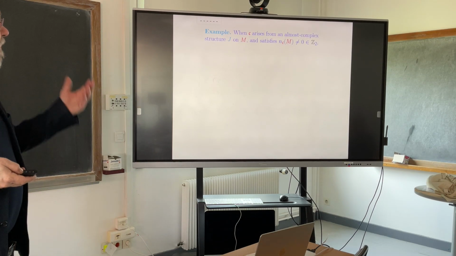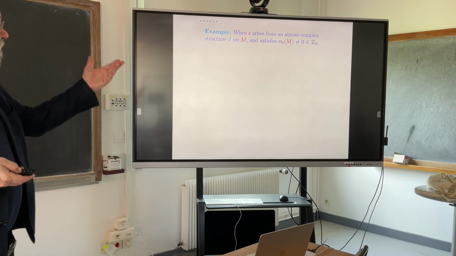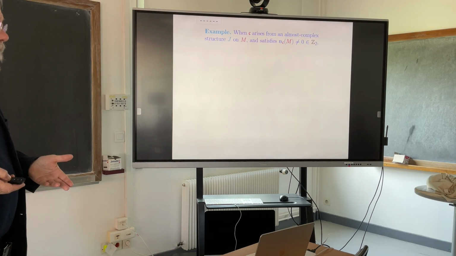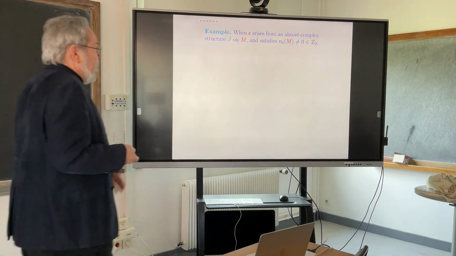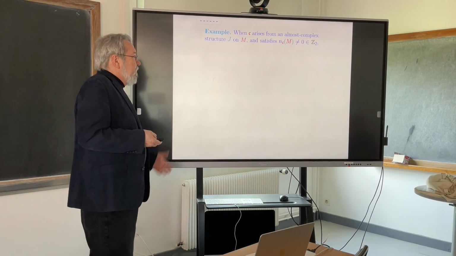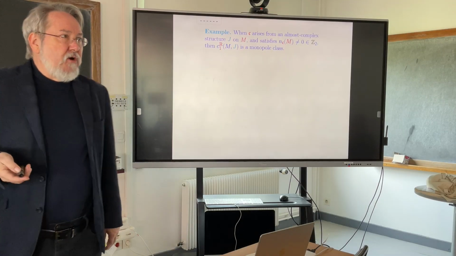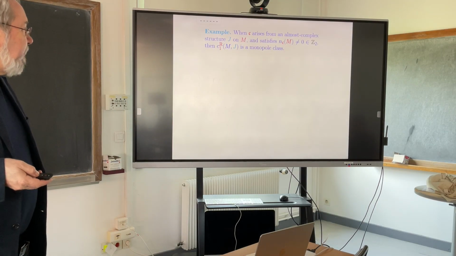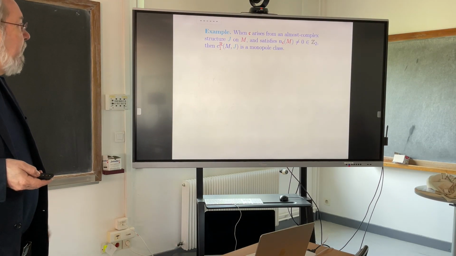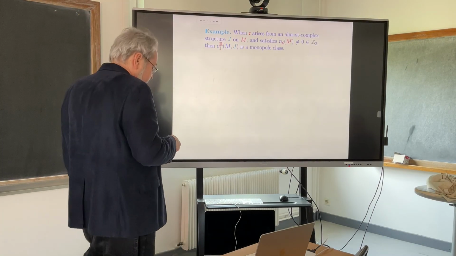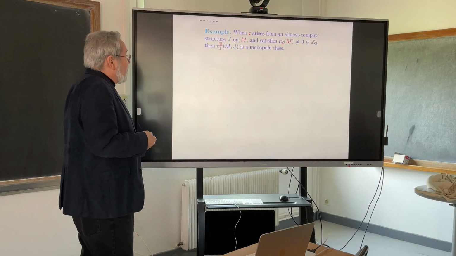For generic perturbation, you'll find that the count mod 2 is independent of choices. If that is not 0 mod 2, then it follows that there is a solution of the Seiberg-Witten equations for every metric. There's a different terminology: sometimes these are called basic classes.